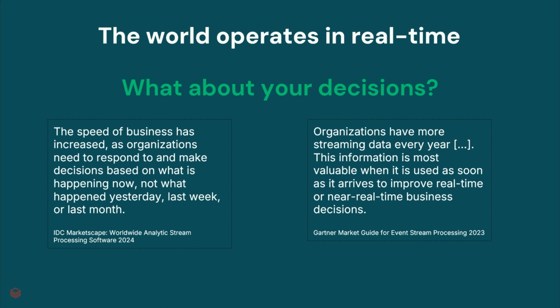Organizations are also starting to have more streaming data every year. This information is most valuable when it's used in real time. The value of the data is the highest when you acquire it right away, and it decays exponentially as time goes on.